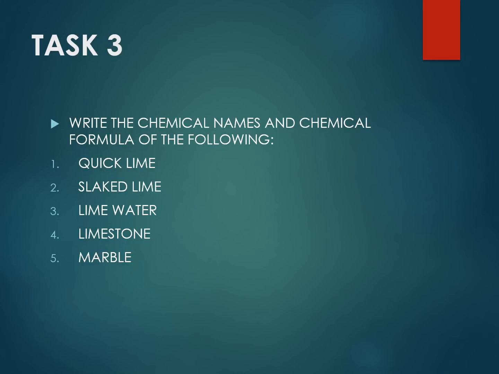These are the common names of the compounds which I have just discussed in this session: quicklime, slaked lime, lime water, limestone, marble. You will write down their chemical names and chemical formula.